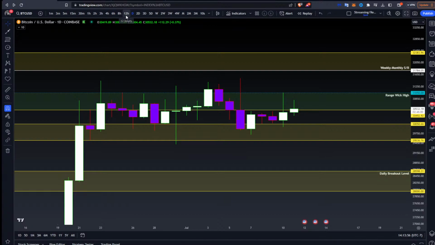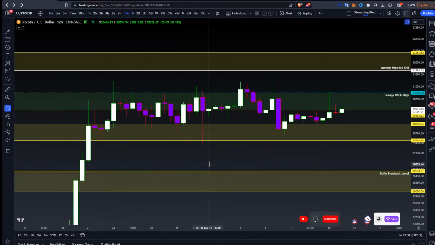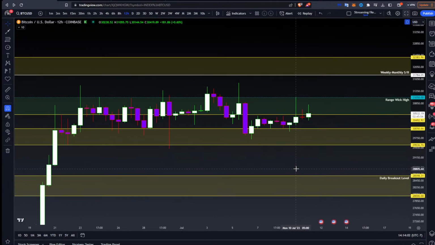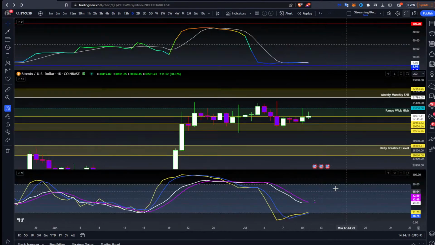If it does just consolidate this week, especially in this area, and it keeps bouncing off the lows here without breaking down, I'd be more biased to the upside, to be quite honest. And I will give you the reason why right here.